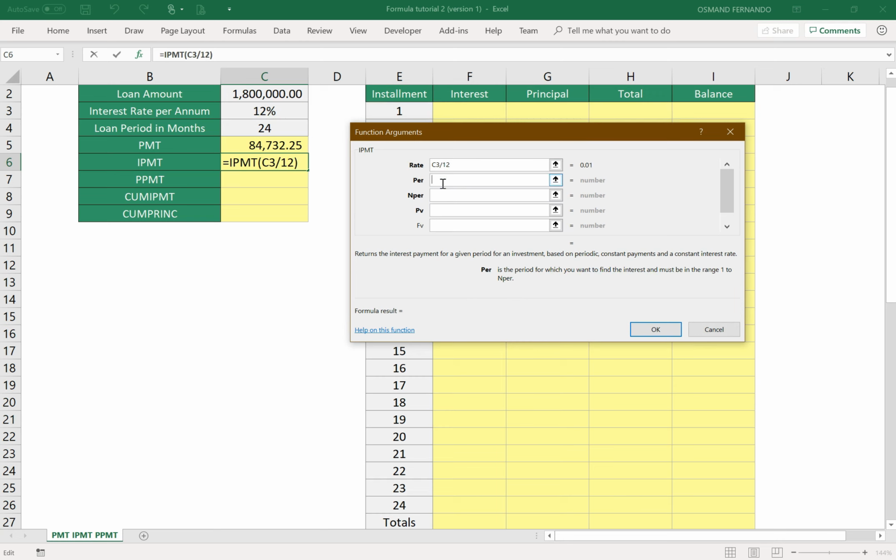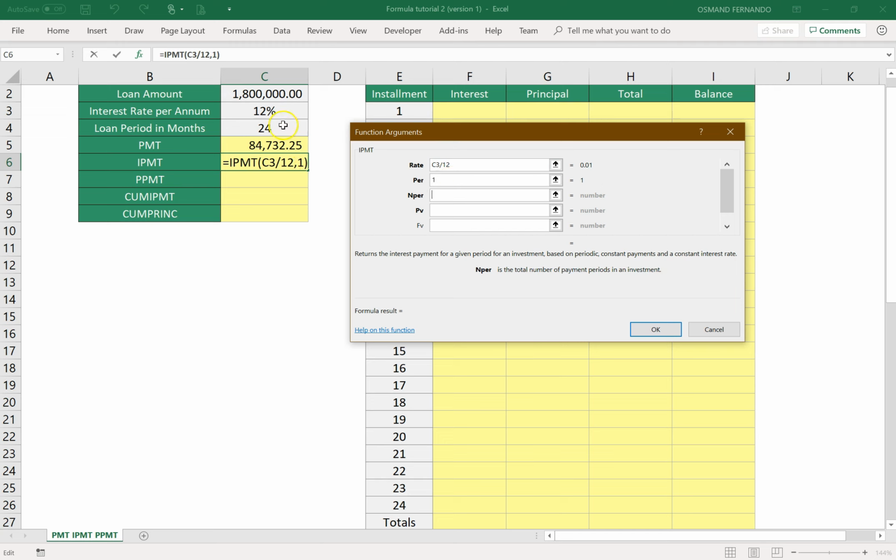PER, this is very important. We didn't see this in the earlier formula. PER is the period for which you want to find the interest and must be in the range 1 to the number of payments. Here we want to calculate the interest related to the first period, so put 1 here.